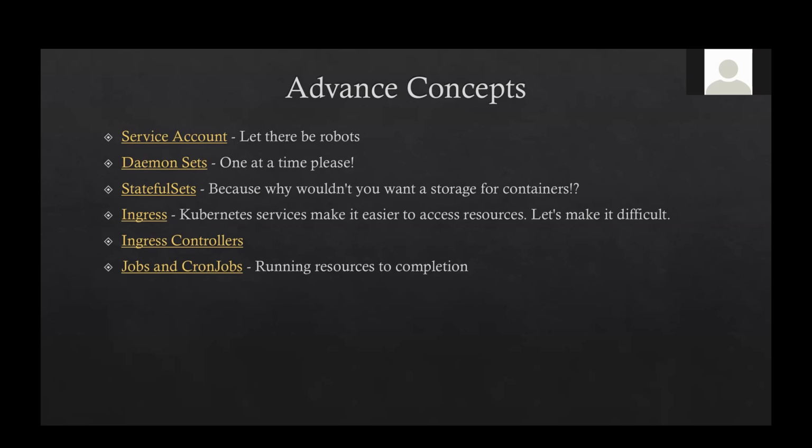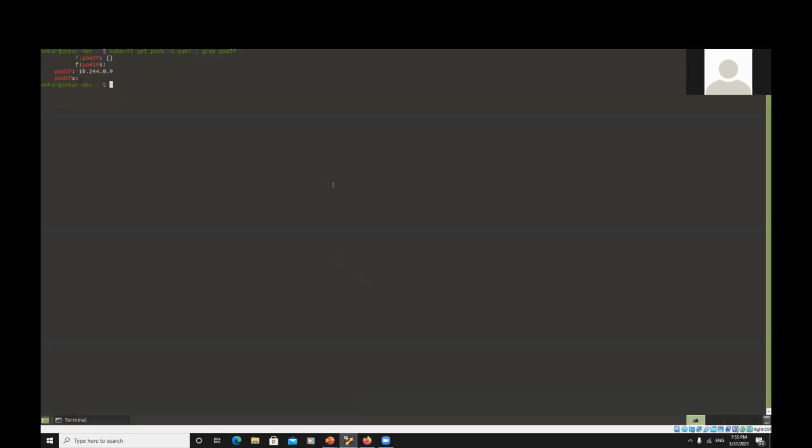So that is basically a robot account. Kubernetes uses service accounts to manage those things. In fact, service account is quite important, so let's go and see what exists on our cluster.